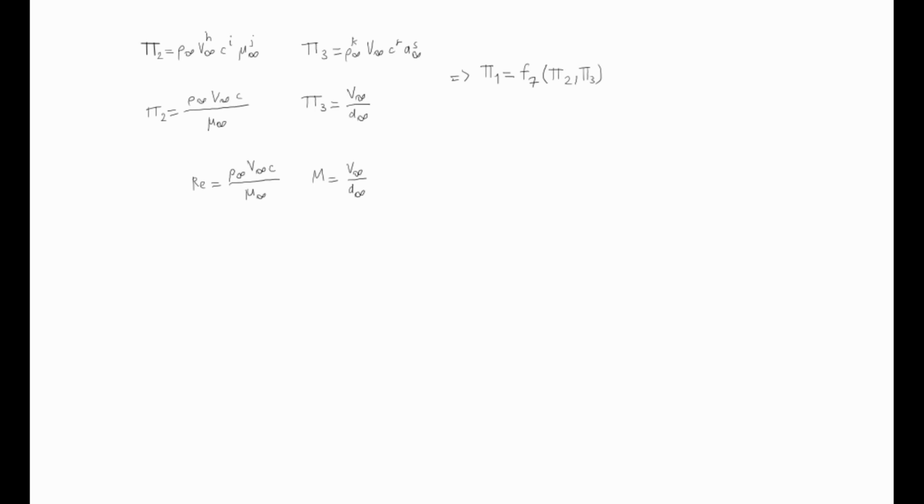Since all of our parameters are entailed in pi2 and pi3, it can be said that pi1 is a function of pi2 and pi3. We can also replace c squared with S, the reference area.